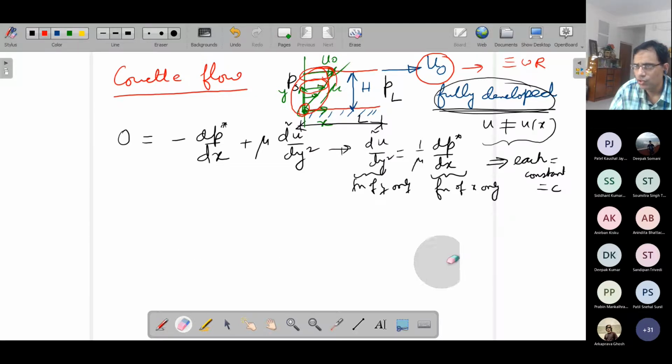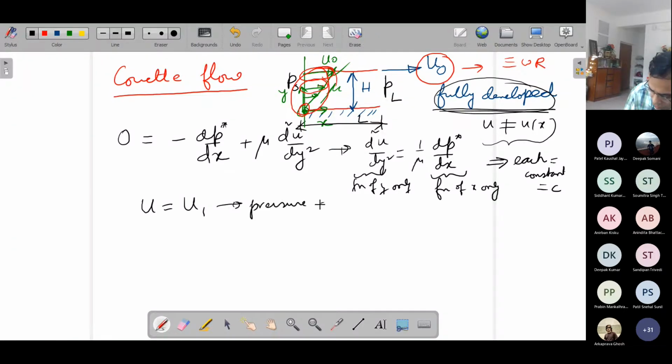If it is not 0, let us say you have a solution u equal to u1, which is the pressure driven flow solution, and u equal to u2, which is the shear driven solution.